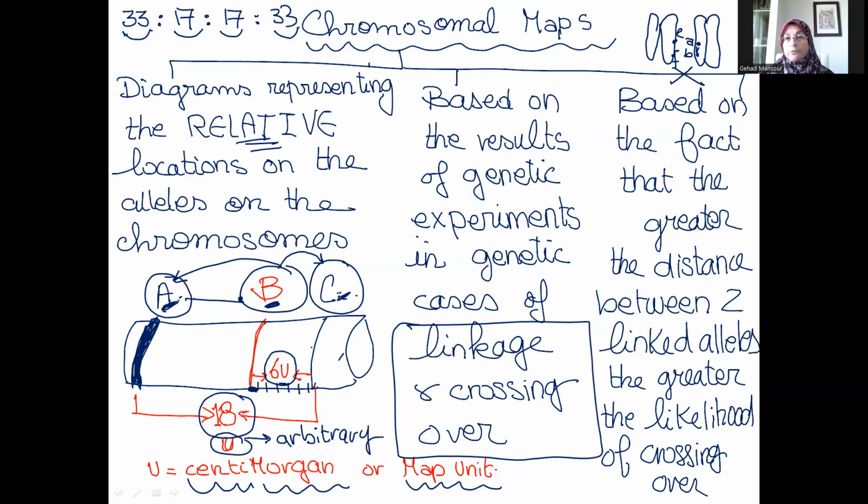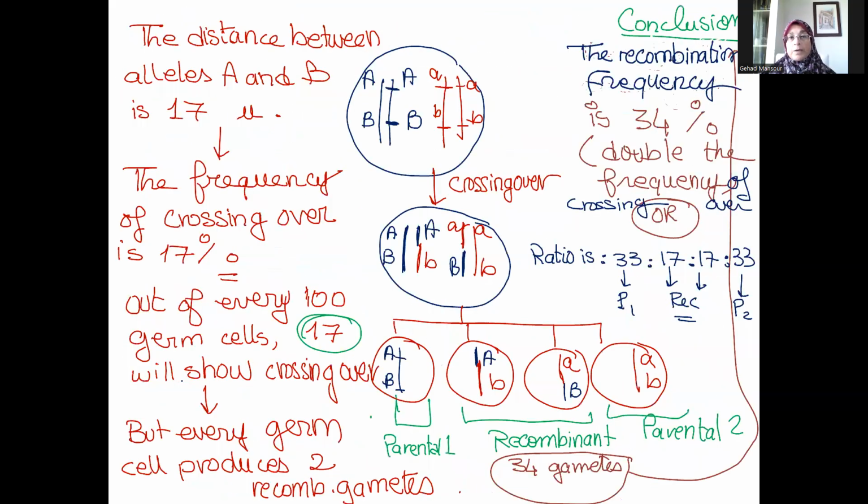Of course, as we have just mentioned, the frequency of crossing over between A and C is 18%, and it is bigger than that between B and C, which is 6%. This simply occurs because of the greater or smaller distance between the two alleles.